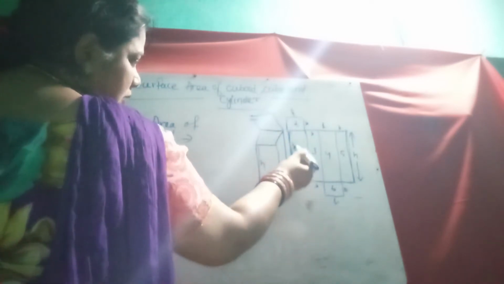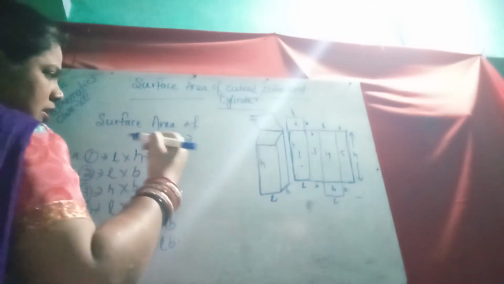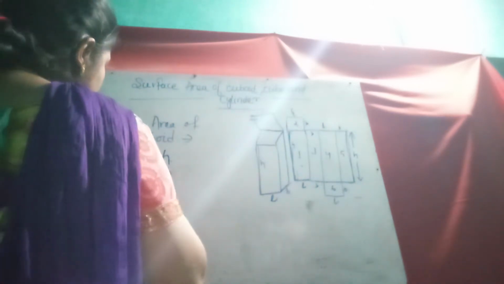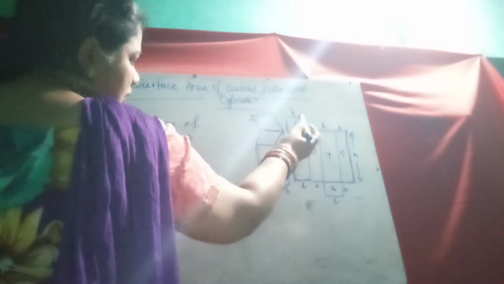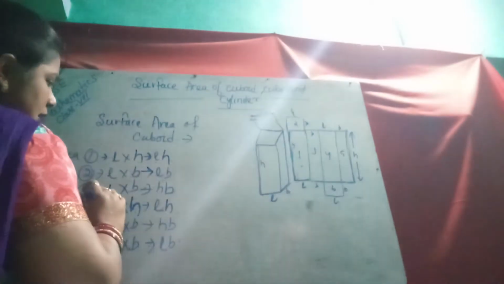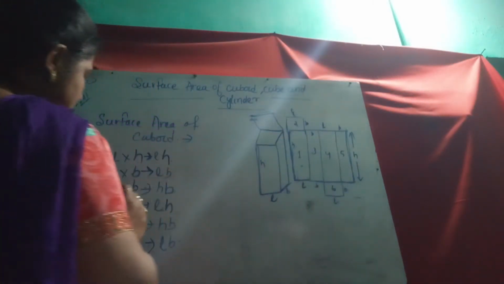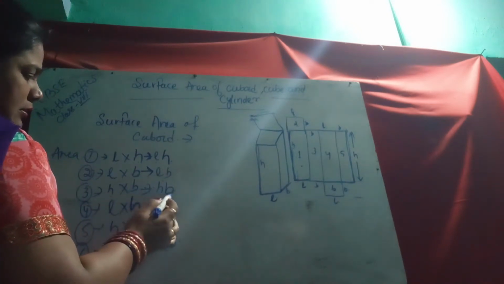length into height, L into H, that is LH. Then number 2 figure is length into breadth, that is LB. Number 3 figure is breadth into height, that is HB.